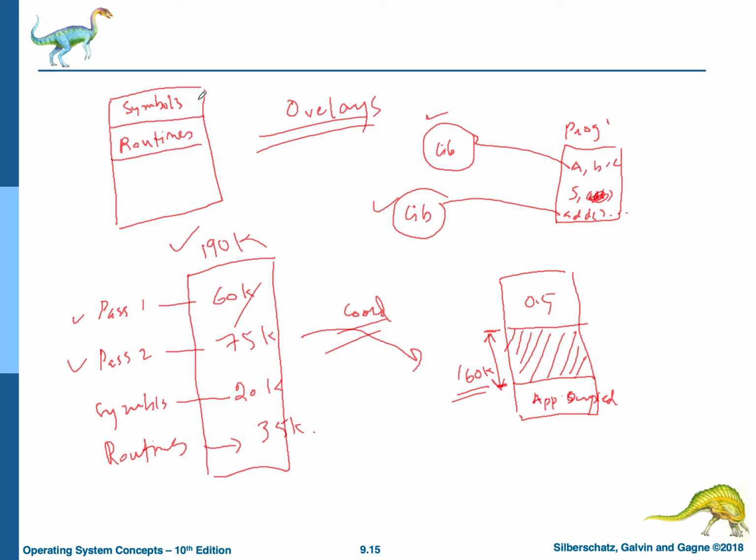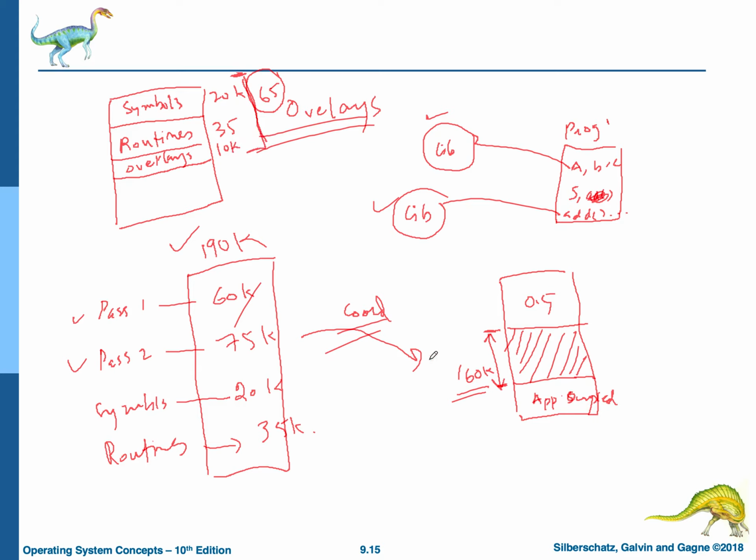Now symbols are only 20k and routines are 35k, and we have an additional overlay code that's only 10k. Now we have overall 65k occupied by this information.